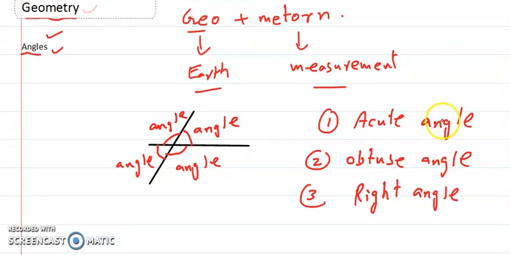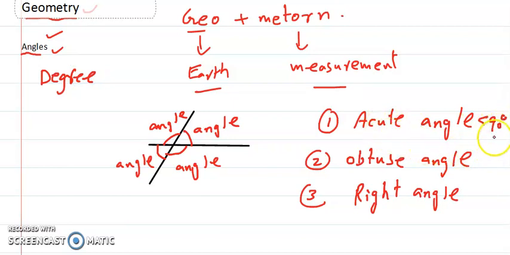An acute angle will be an angle whose value is less than 90. This angle is less than 90. And for the unit of angle, there are two units, degree and radian. At this level, you will learn the unit degree, and the symbol is a small zero written on the number. I will write it 90 degree.